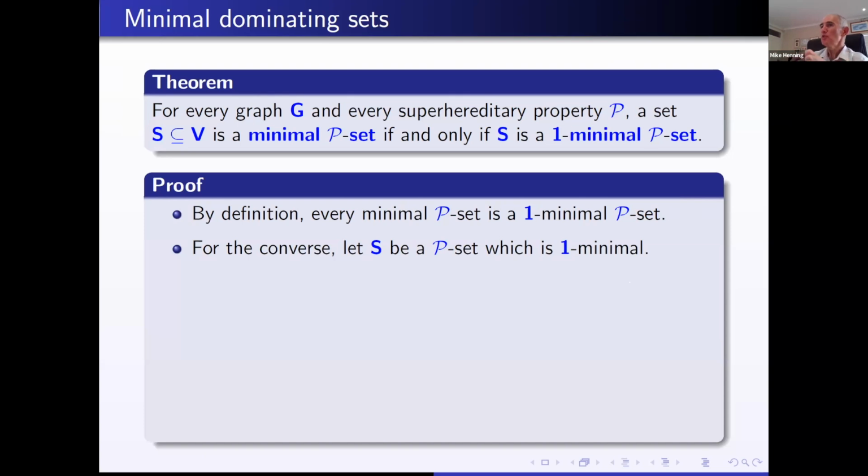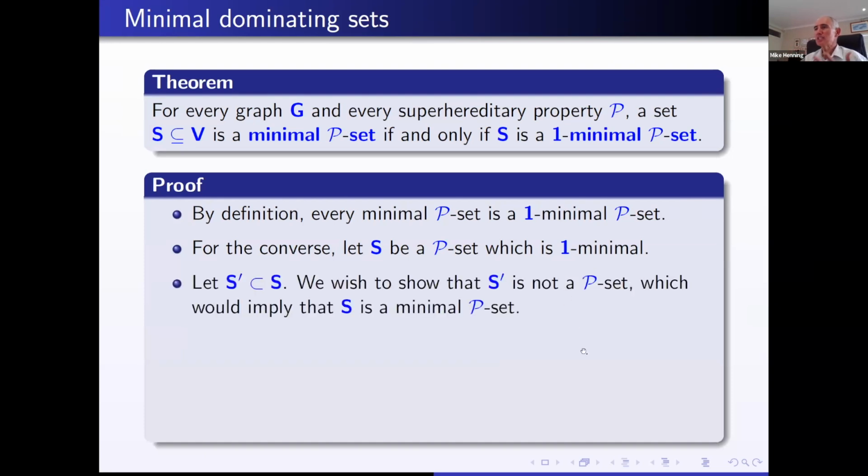And let's prove that the set is also minimal. In other words, if you give me any proper subset of S, it will not have the property of a P set. So let's pick any subset S prime and show that S prime is not a P set. And S prime may not have cardinality 1 less. It could be a lot smaller.